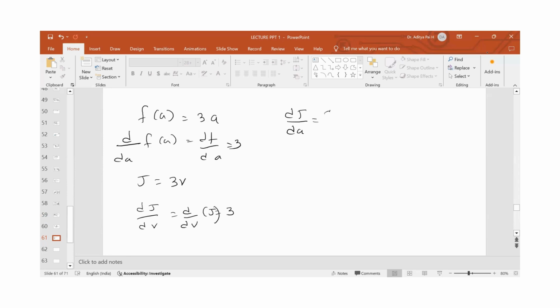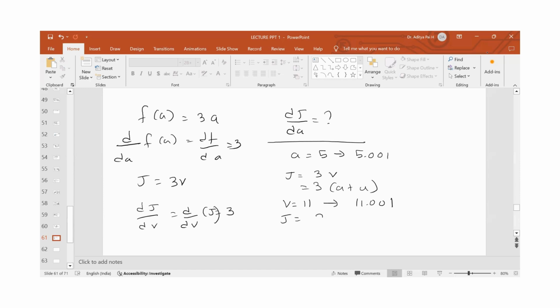Okay, now what is dJ by dA? For that we see that for A is equal to 5, and if it's changed from 5 to 5.001, as you can see, J is equal to 3V, where V is nothing but A plus U. Now consider V is equal to 11 and change it to 11.001.